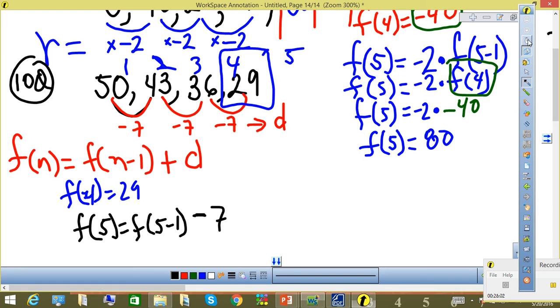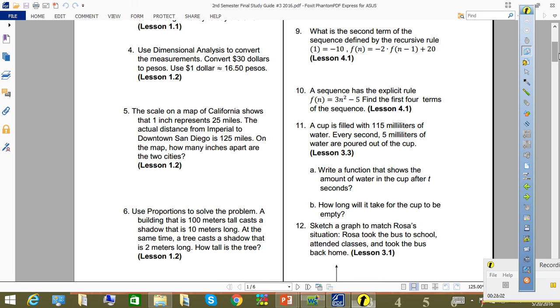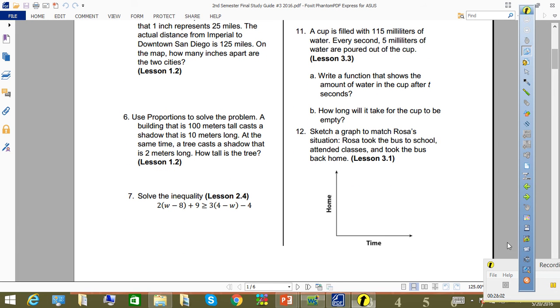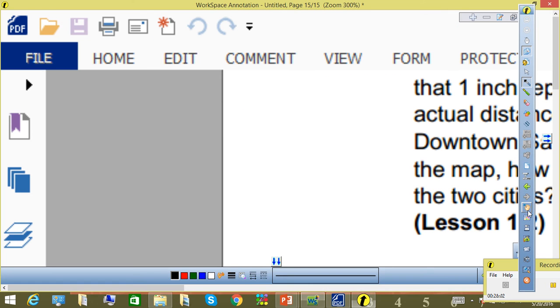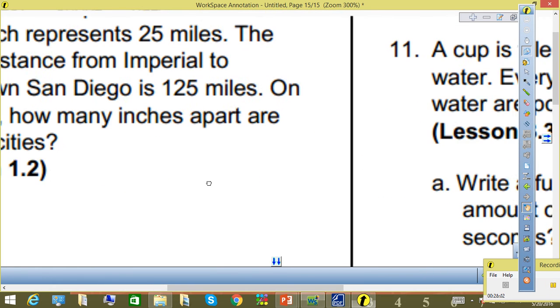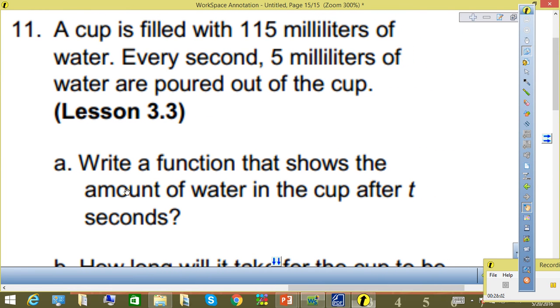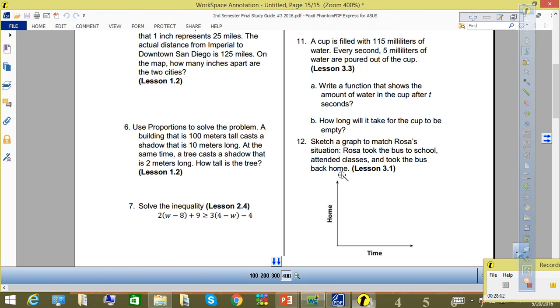Number 11. It says, a cup is filled with 115 milliliters of water every second. 5 milliliters of water are poured out of the cup.